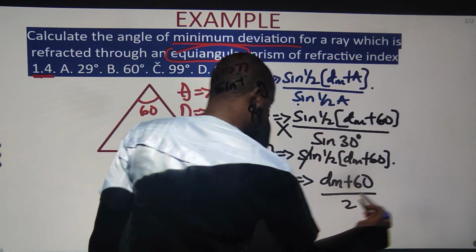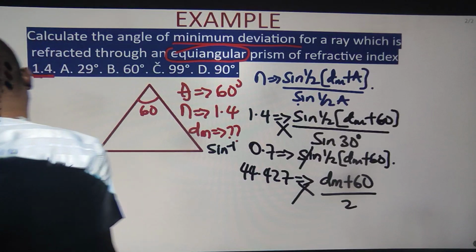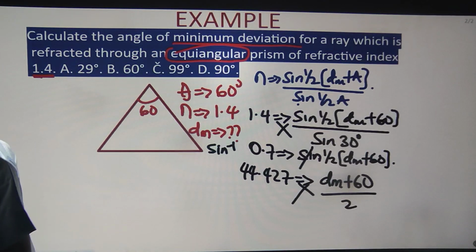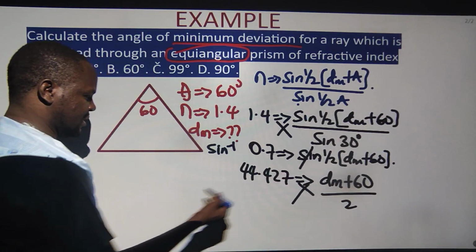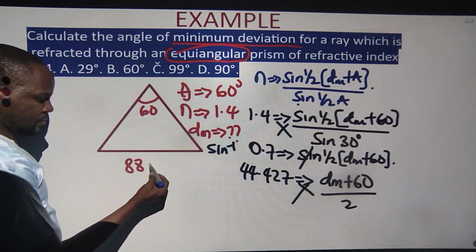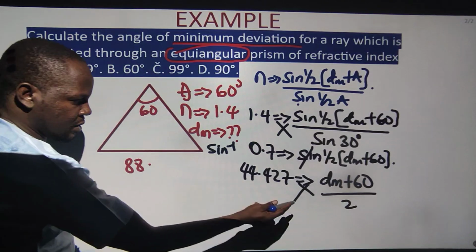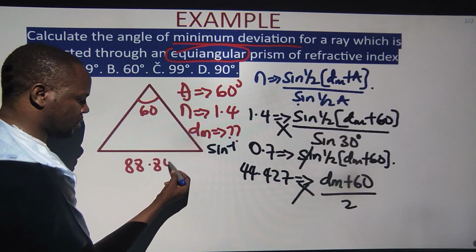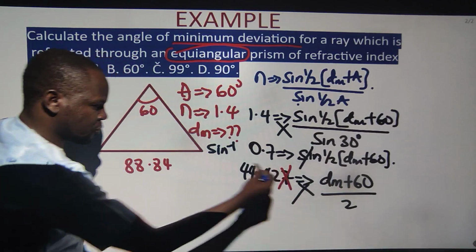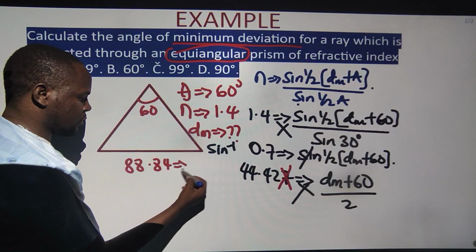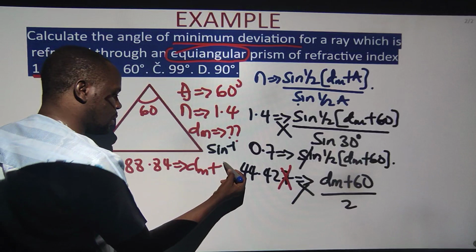Now we cross multiply and we finish this question. Finishing, 44.427 times 2 is 88.84, which is equal to Dm plus 60.